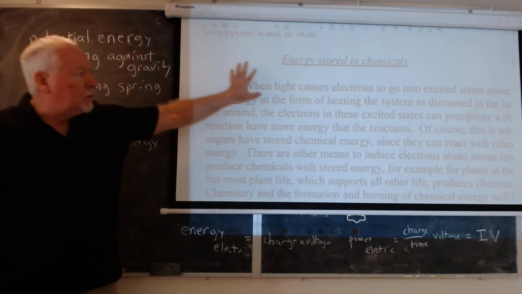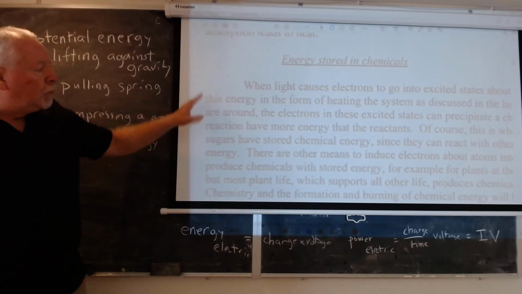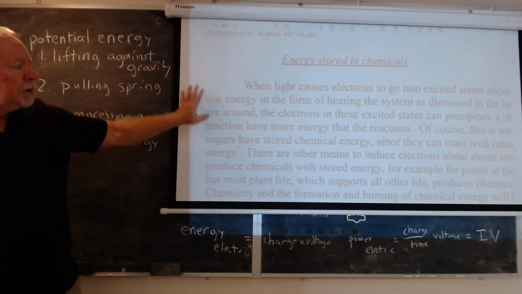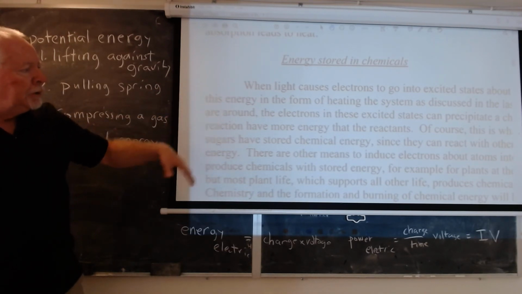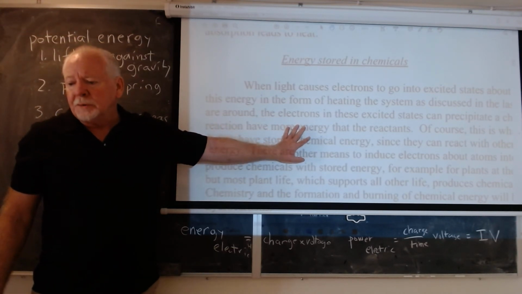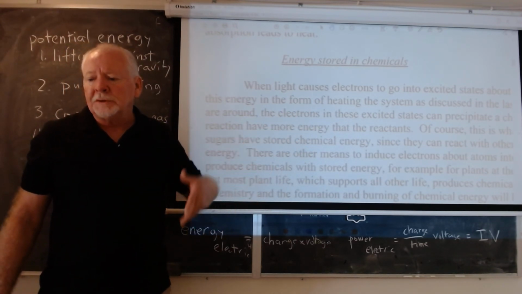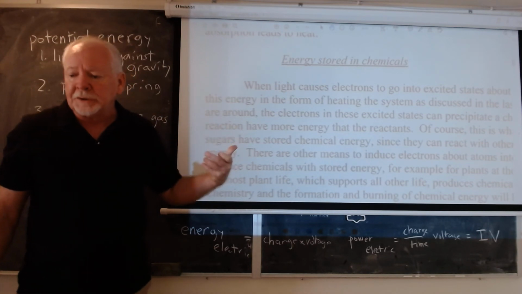So, energy stored in chemicals, particularly the chemicals that we utilize, gasoline or whatever: what happened was that sunlight came down and hit a plant, and within the plant there are molecules, and the sunlight can interact with the charges in those molecules to raise them into an excited state.